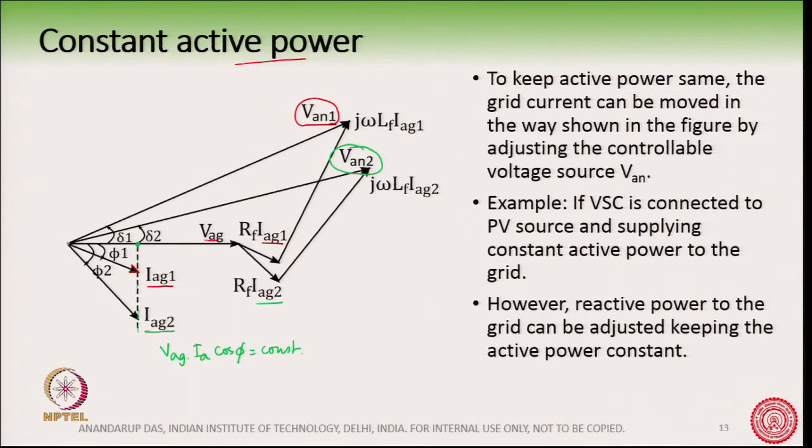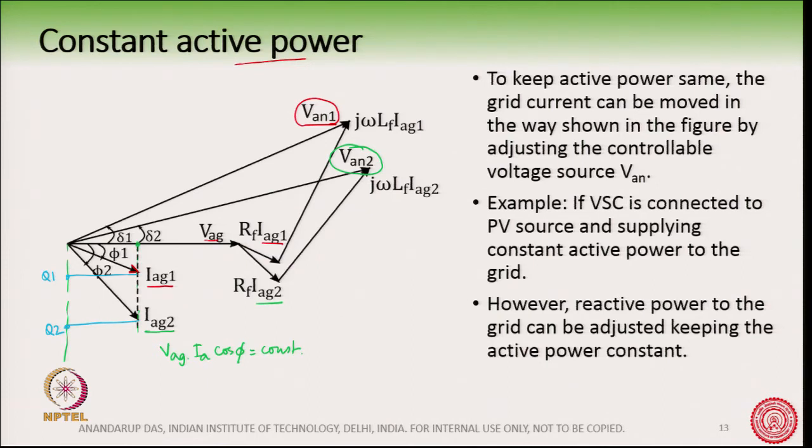For both these currents, the active power delivered by the voltage source converter to the grid remains the same, but what happens is the reactive power changes. If you see, these are the two reactive powers, Q1 and Q2. This is because of the quadrature component of current with respect to the voltage VAG. This is changing the reactive power.